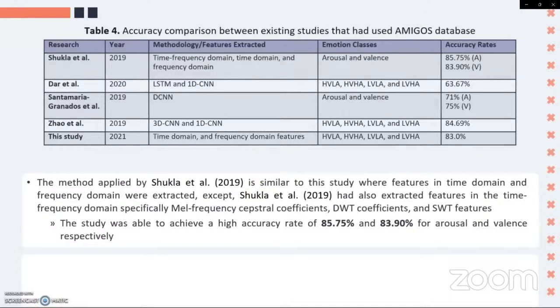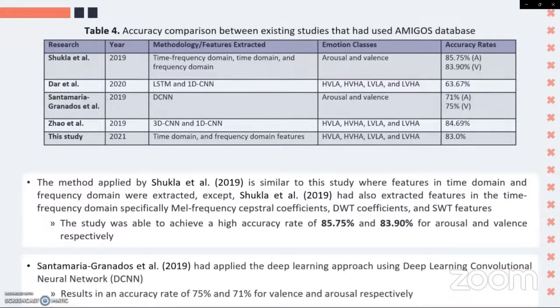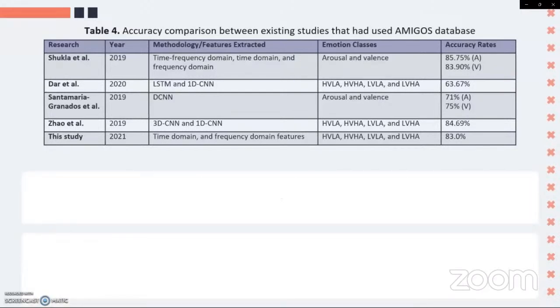In recent years, more studies had conducted emotion recognition using convolutional neural networks. For instance, Santamaria-Granados and co-authors had applied a deep learning convolutional neural network, which results in an accuracy rate of 75% and 71% for valence and arousal respectively.